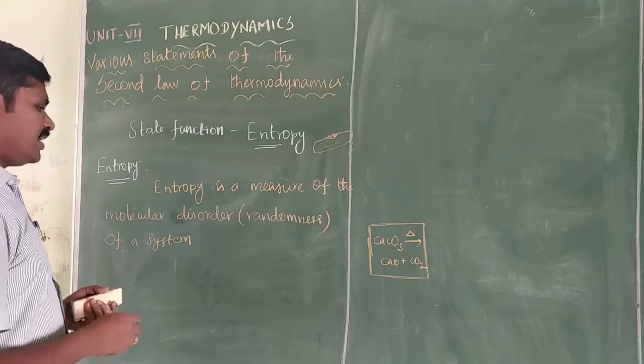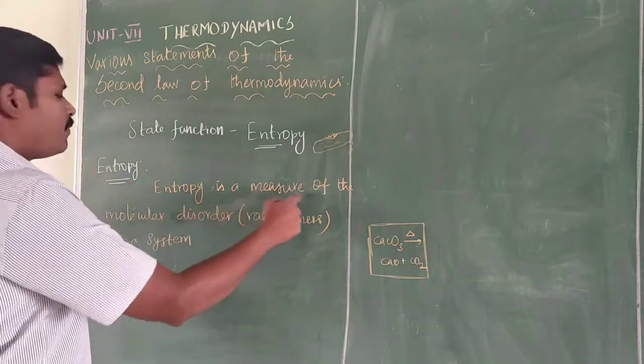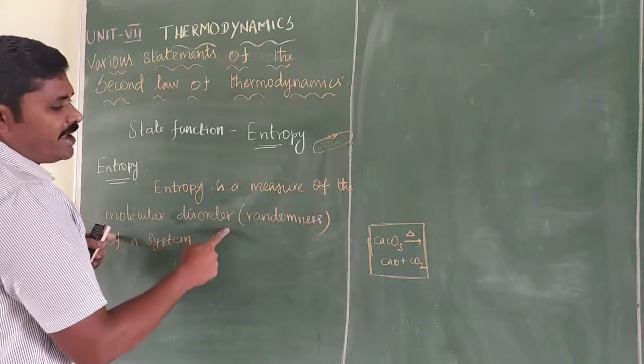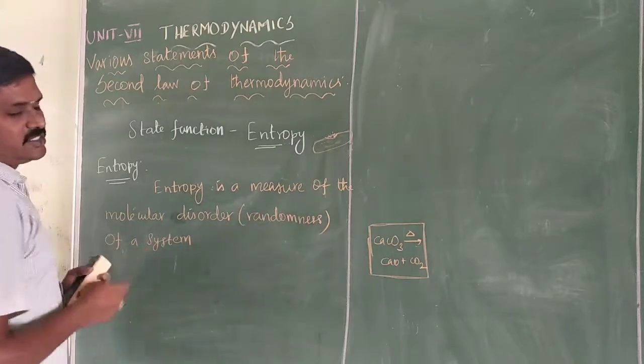Entropy is a measure of the molecular disorder or randomness of a system.